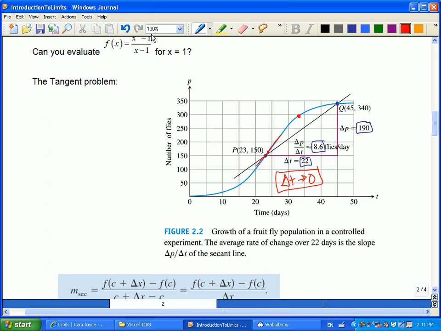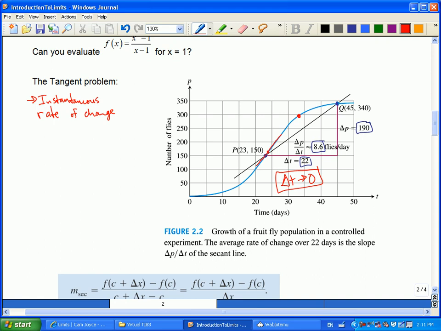So the tangent problem, this is the instantaneous rate of change. Whereas I'm showing you that 8.6 flies per day is the average rate of change over the 22-day period, you'll be able to say at any particular instant what is happening to that population.